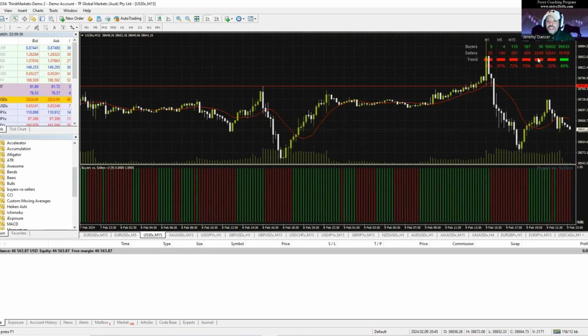But more importantly, look at how many sellers there are. On the 1 hour time frame, you have 2,249 sellers against 36 buyers. So this right here is telling us that US 30 is going to have a massive drop.